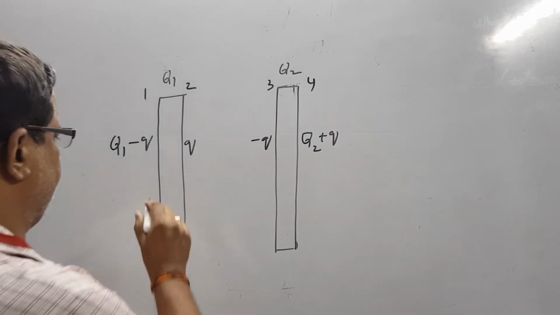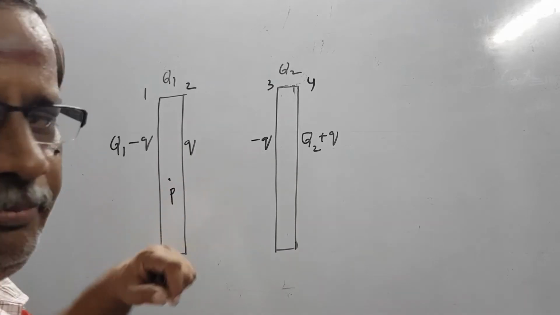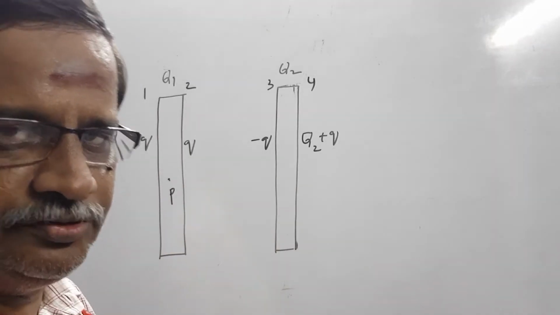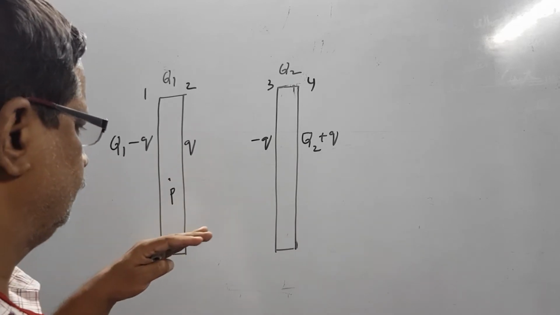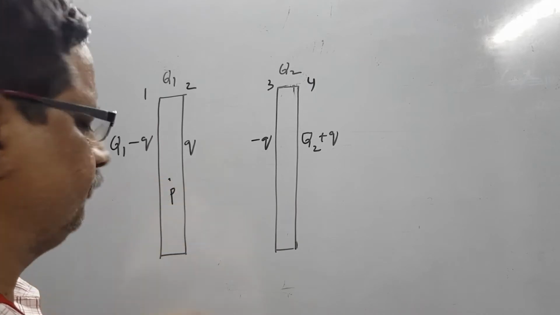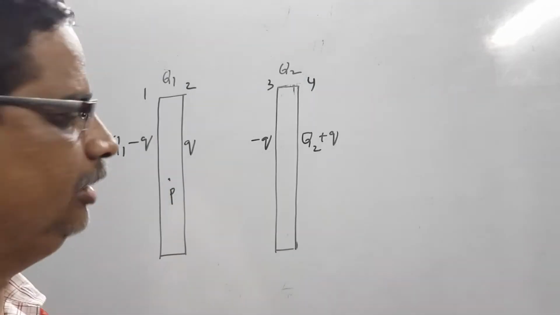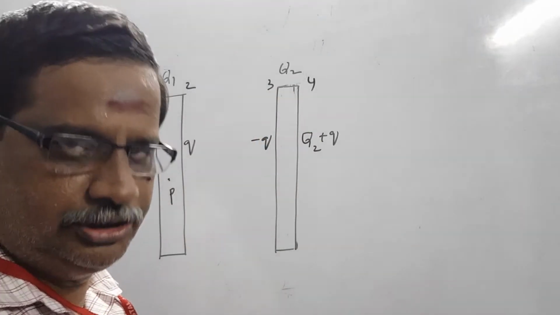Now we will take a point P here. Since the point P is lying inside a conducting body, the net electric field at P should be 0. So by using the sign conventions that we have followed so far, we will write expressions for the net electric field at P due to the charges appearing on all four surfaces of both the sheets.